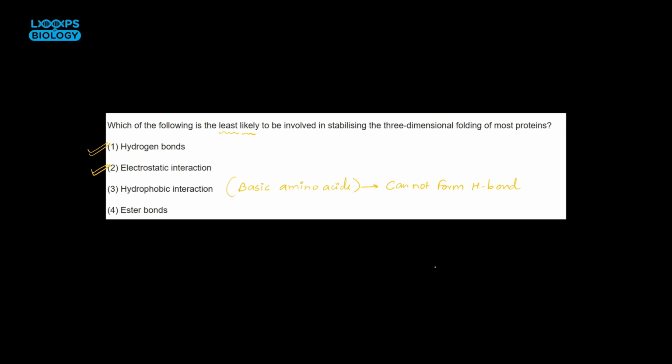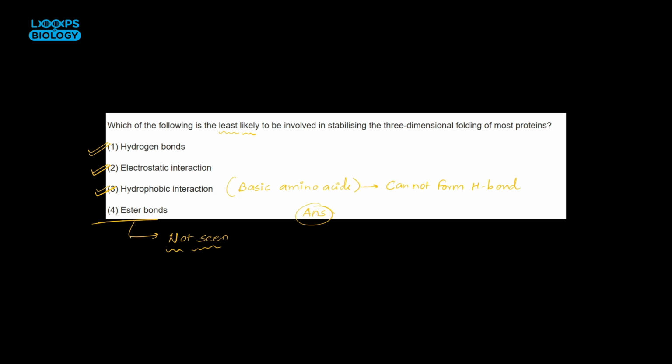Alright, they are unable to form hydrogen bonds. So there are hydrophobic interactions, but ester bonds are not seen in the case of protein. So the answer will be option number 4. That is my answer.